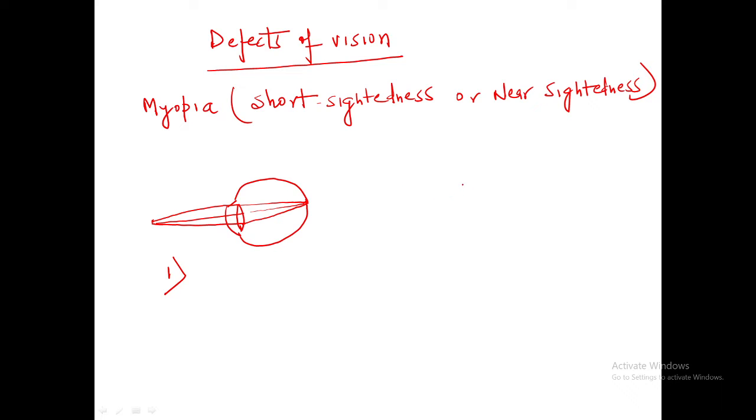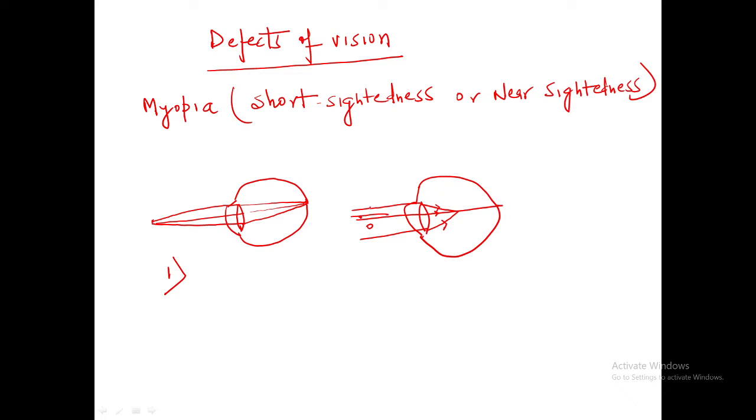The second case is this is our eye. Here it is a convex lens, and rays are going from here, going from here, going from here parallel, and after passing through that lens, it is converging here.